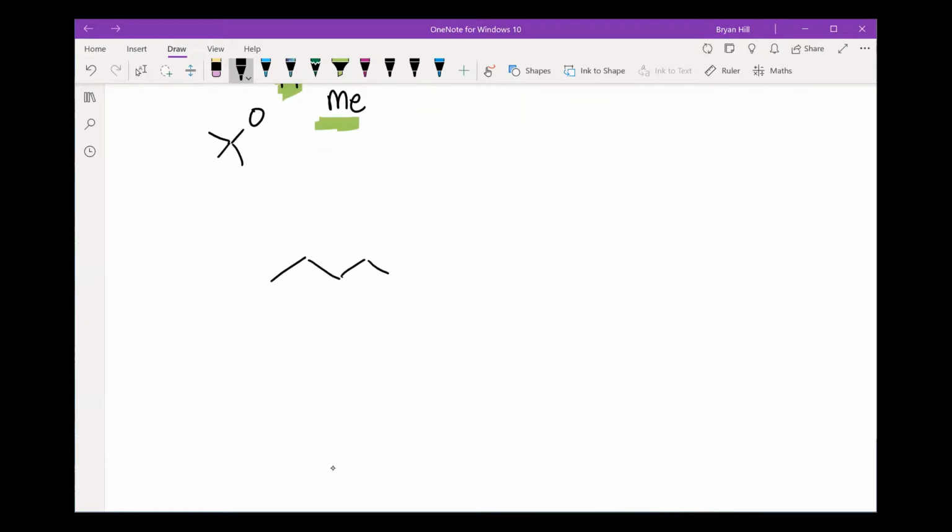So it doesn't matter if you use tert-butoxide or methoxide, because there's only one carbon which actually has protons on it. So you're always going to get the same answer.